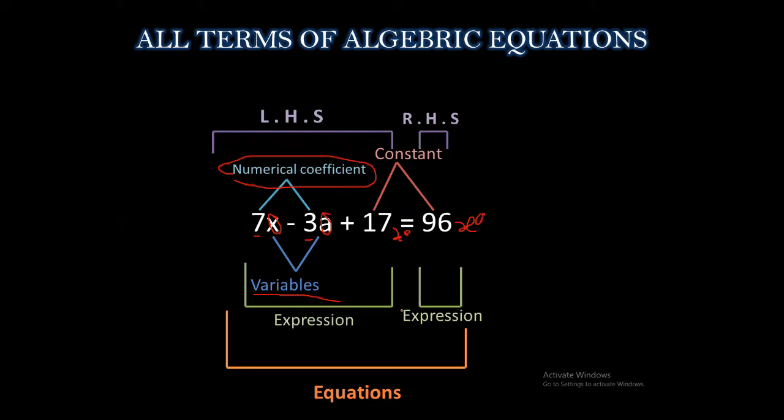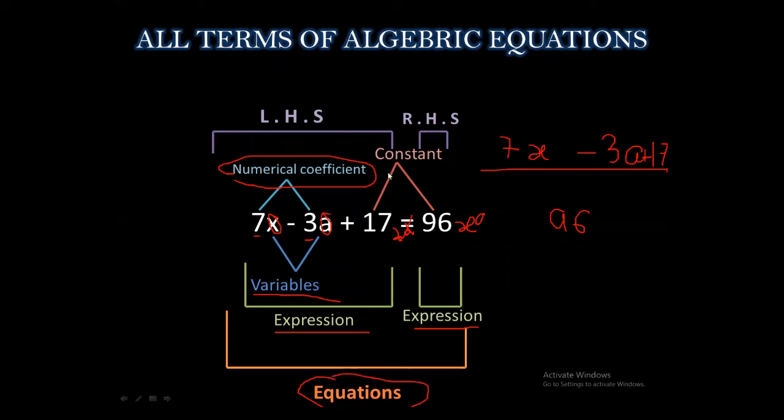This is one expression, and this is the other expression. If we separate this, it is going to be 7x minus 3a plus 17. This is going to be a separate thing. If you take out the equal sign, 96 will be a separate thing. Here both of these are expressions, and this whole thing is an equation.